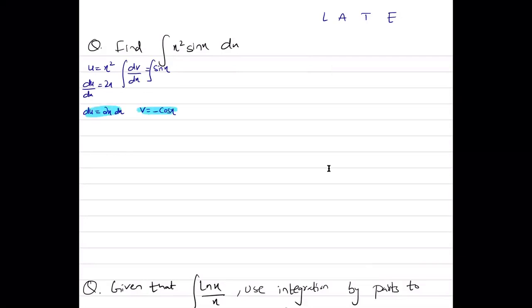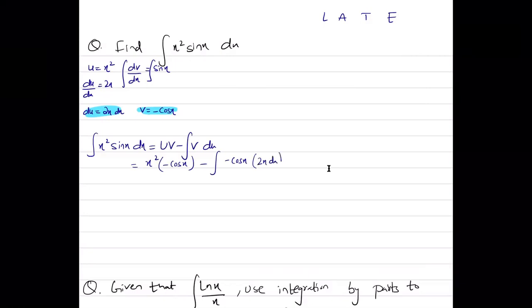Now if I apply by parts, integration of x squared sine x dx is going to be uv minus integral of v du. u is x squared, v is minus cos x, minus integral of v, that is minus cos x, times du, which is 2x dx.